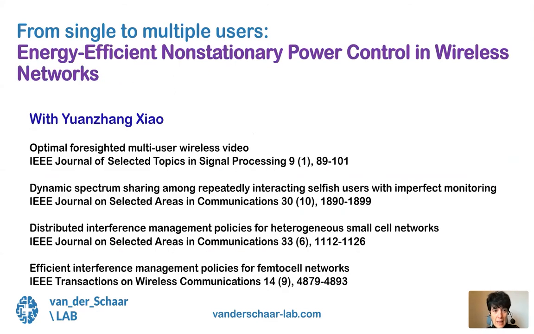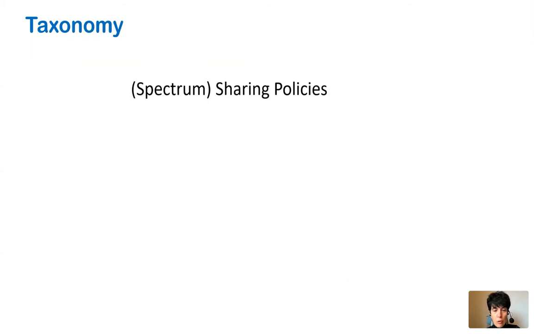Please take a look. Then in subsequent work with Yuanzhang Xiao in successive papers, we look at how we can minimize the energy that is used in wireless communication networks. And for that, we move from a current Markov decision process setting to a non-stationary policy setting.